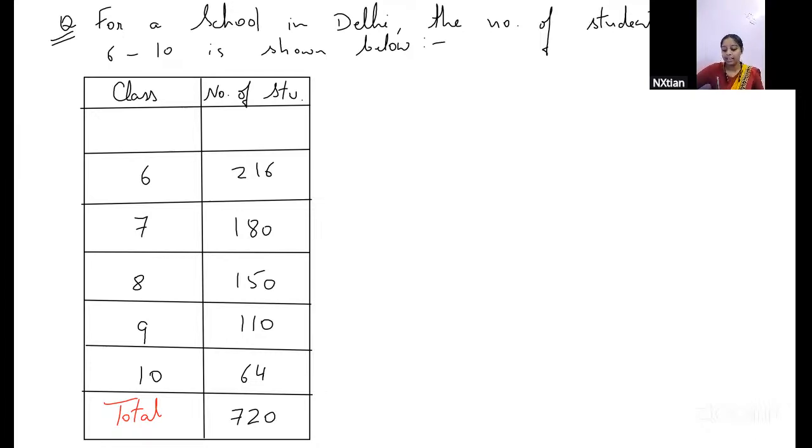So we have the classes 6th, 7th, 8th, 9th, and 10th, and we have the number of students in each class, and we are given the total, that is 720. Now we will first calculate the measure of angle for the number of students in each class.